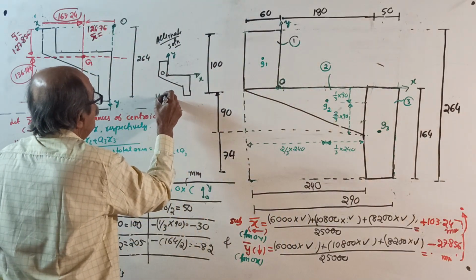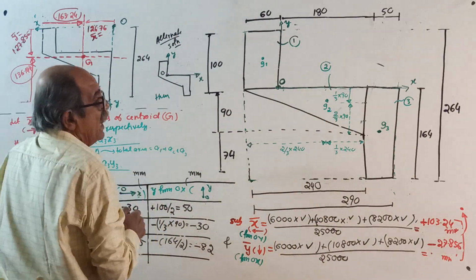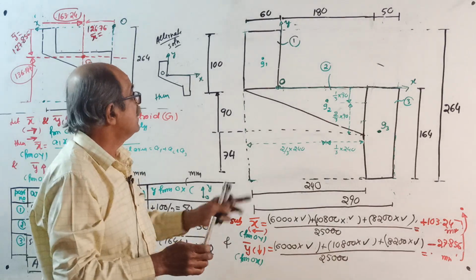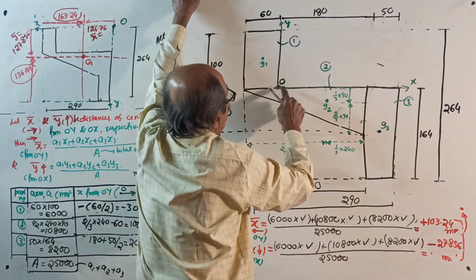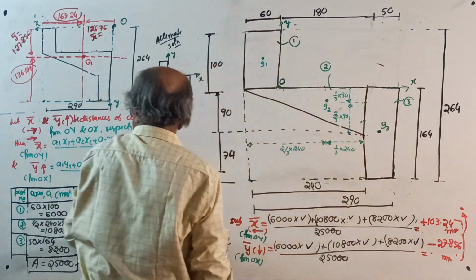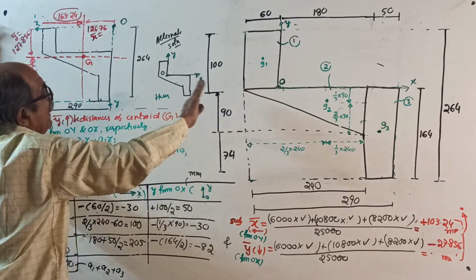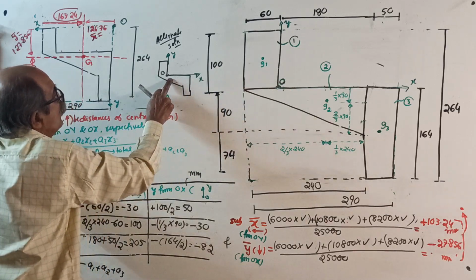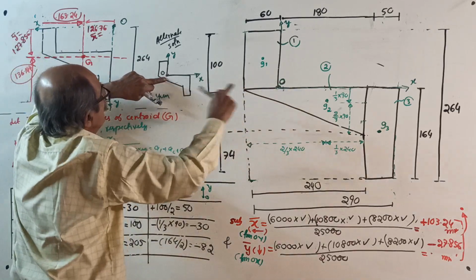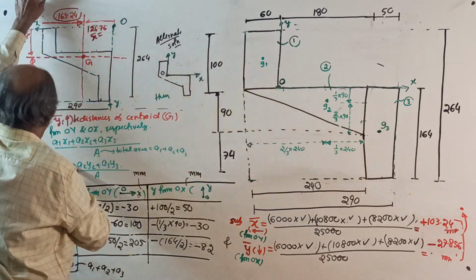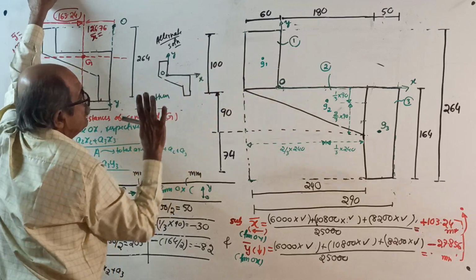Then, what to do? See correctly. Actually, not advisable. Start. Write a neat sketch here. O, this sketch will remain the same. Start. Now see, X bar is to right side, as per X, right side from O. X bar to right side from OY axis. Y bar is up from OX axis.